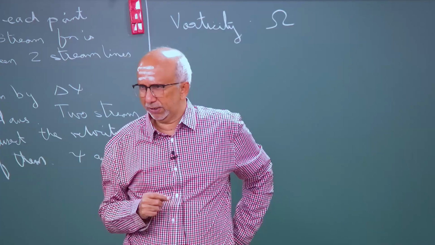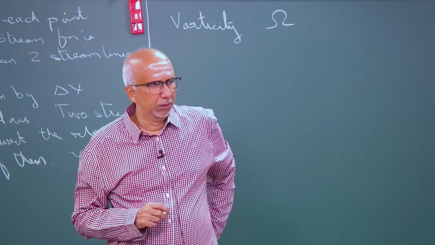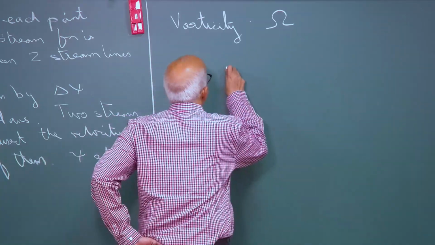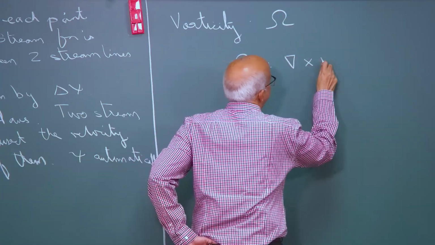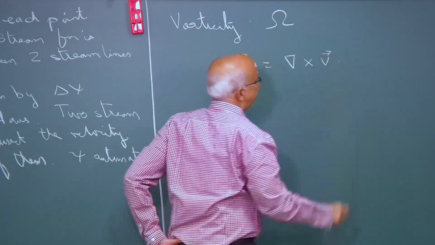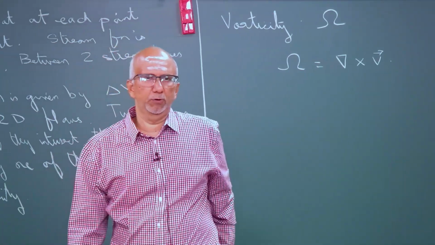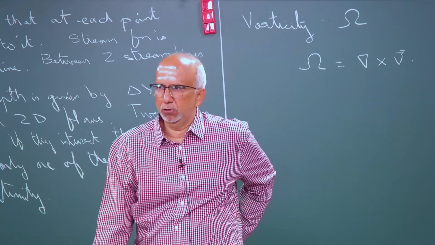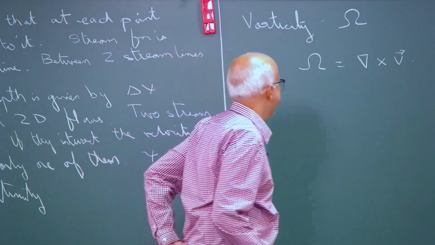So, to avoid that confusion, I am using capital omega for vorticity, okay. So, the way this omega is defined, omega is defined as curl of V vector, del cross V, that is the definition of omega, okay. And you all know how to calculate the cross product. So, we will do exactly that.